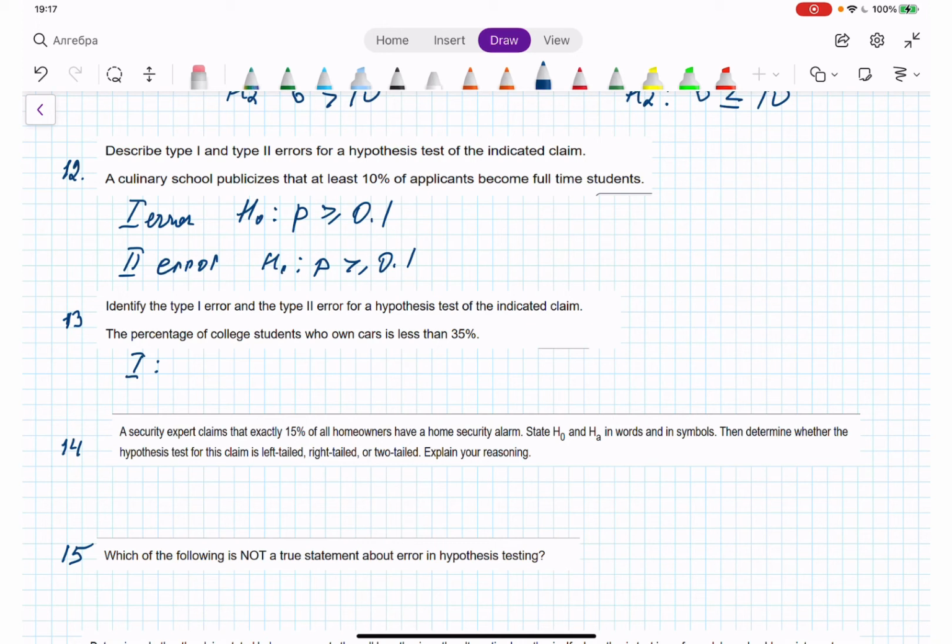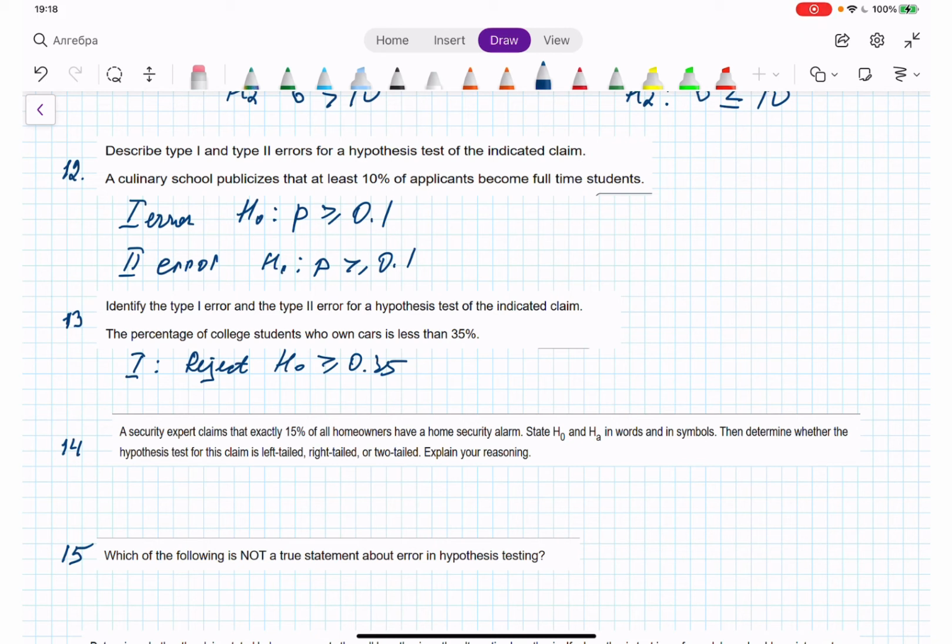To identify type 1 error, we have to say that we reject the null hypothesis that the percentage of students that own a car is greater than or equal to 35%, when it's true.